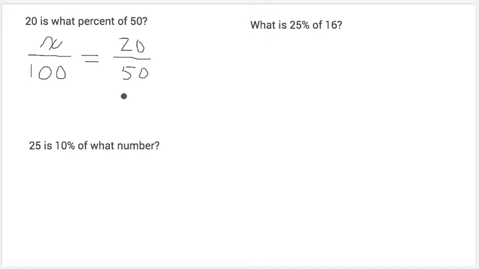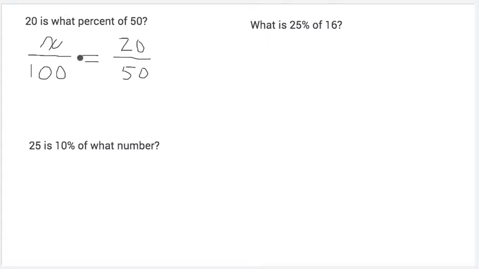Here's where the trick comes into play. We'll talk about why this is true eventually, but for right now, I want to show you that when you're solving a proportion, there's a quick and easy way to find the answer. You take these two numbers, the numerator over here and the denominator over here, and multiply them. They're diagonal from each other.